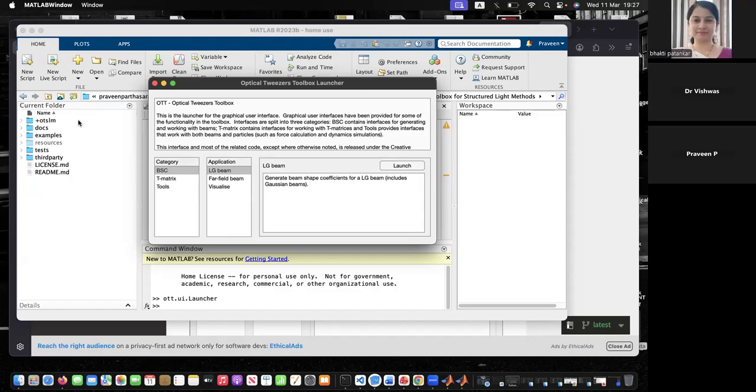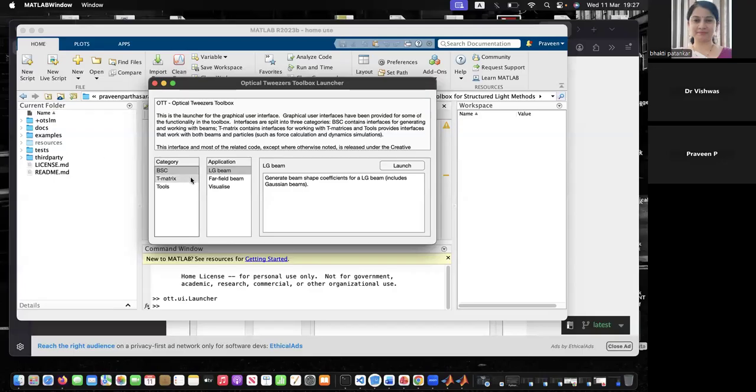It will be in zipped format, so you will have to unzip it and choose that folder as the current folder here. If you're not using MATLAB, and you are on Linux, Octave will also work well. This package works with Octave also.